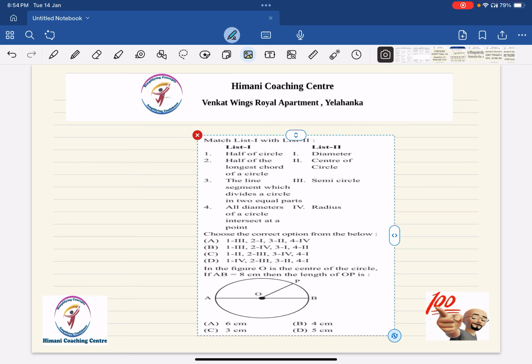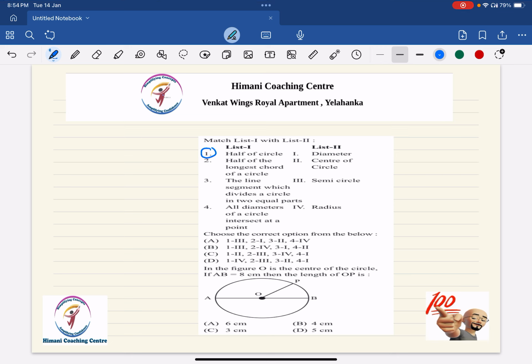Now here the question is match list 1 with list 2. So let us look at this. So we have to match this 1, 2, 3, 4 in algebraic numbers and 1, 2, 3, 4 in Roman numbers. So half of a circle. What is half of a circle called? So one half of a circle is called semicircle.